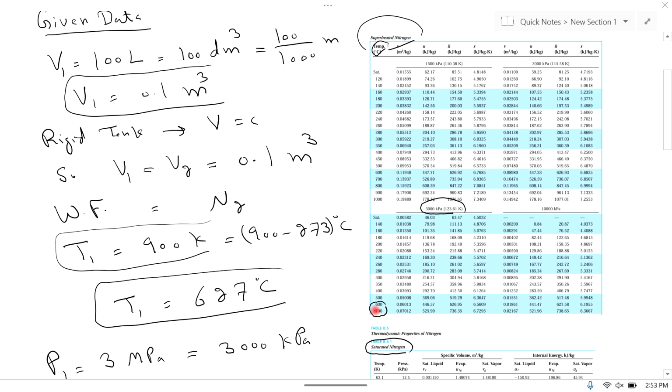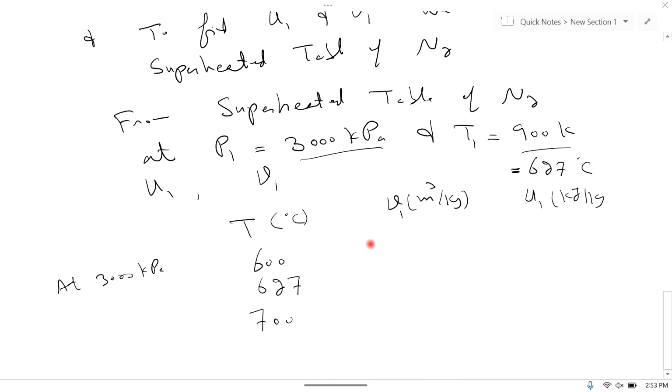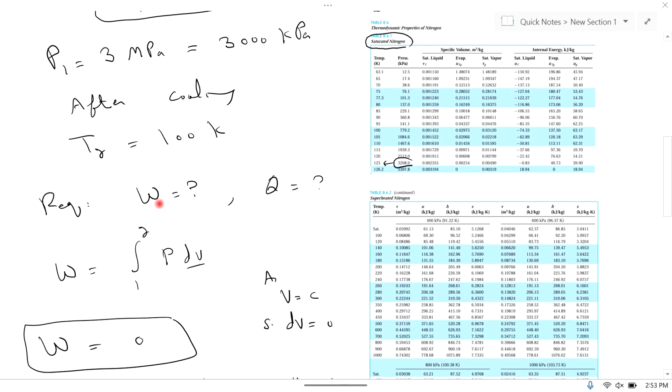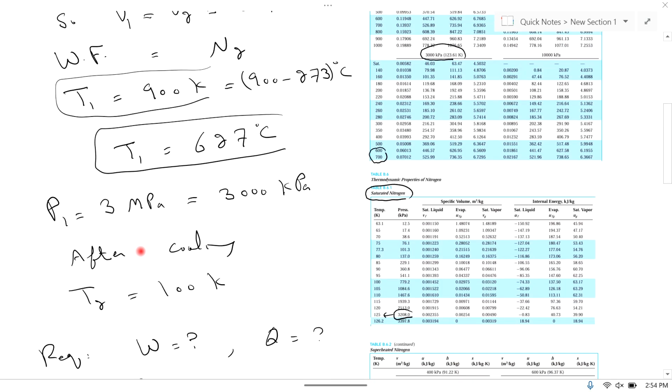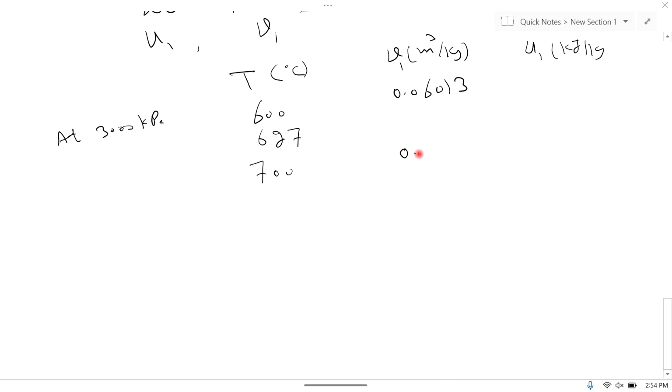In front of 600 degrees centigrade, volume is 0.06013, and in front of 700, volume is 0.07012, and we have to find v1.